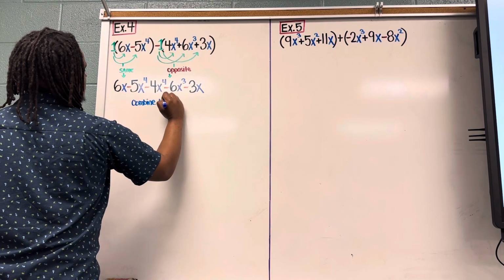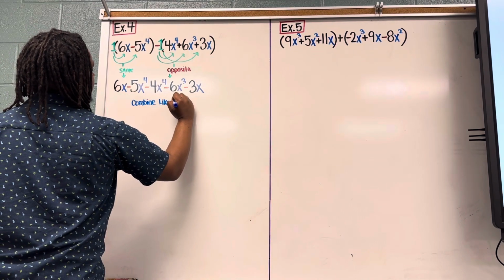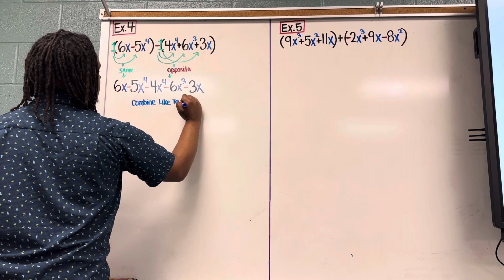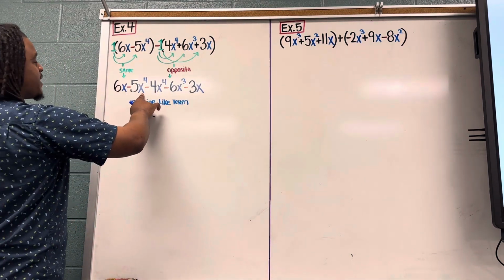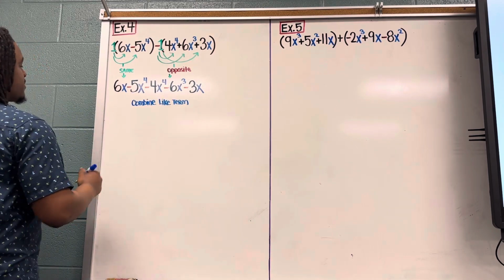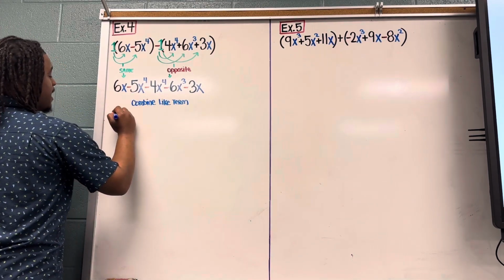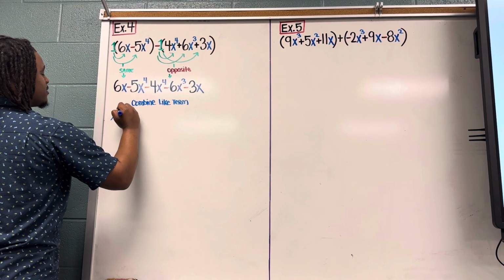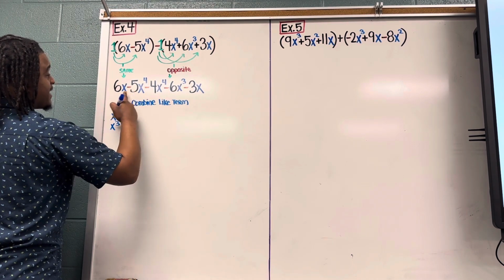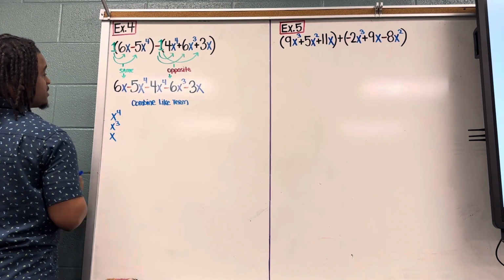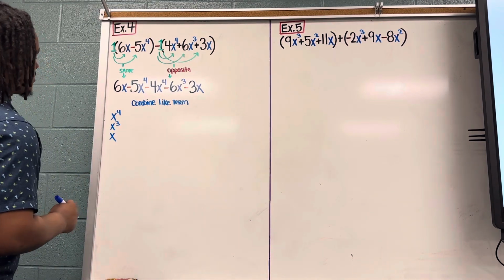If you notice, the variable within this expression is x, and x is to different degrees. So I'm just going to list the degrees that I see. I see x to the 4th power, I see x to the 3rd power, and I see x to the 1st power, which is this x. And I don't see any constants.